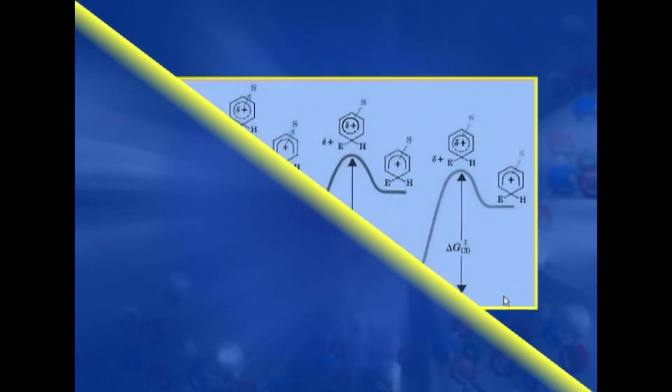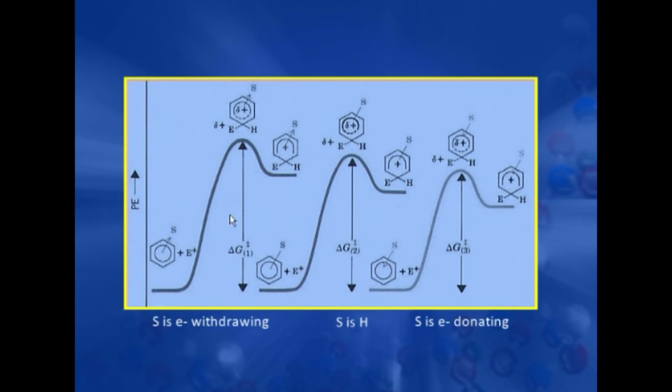So, now let us see the energy diagram. If we see, this is the case of simple benzene. If benzene undergoes this electrophilic substitution reaction, it gives this intermediate, and this intermediate is produced via this transition state.